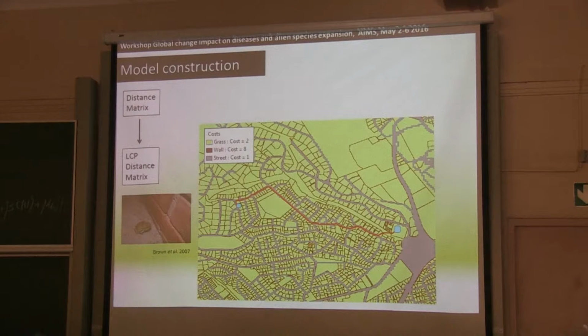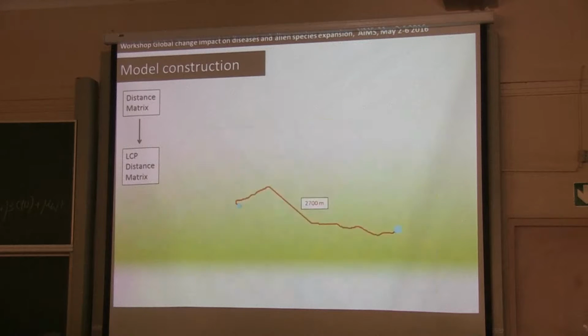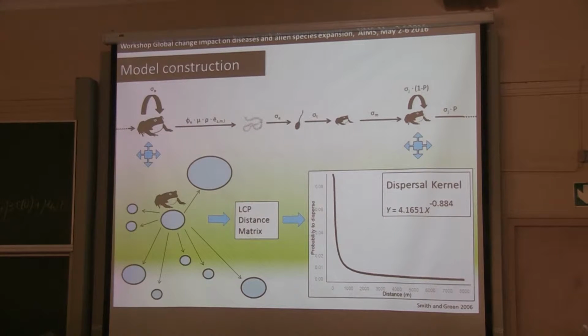It's exactly the same concept, but of course it's more natural than having just a straight line between these 2 points. So it means that from a toad perspective, the distance between these 2 ponds is not 2,000 meters, but it's 2,700 meters.